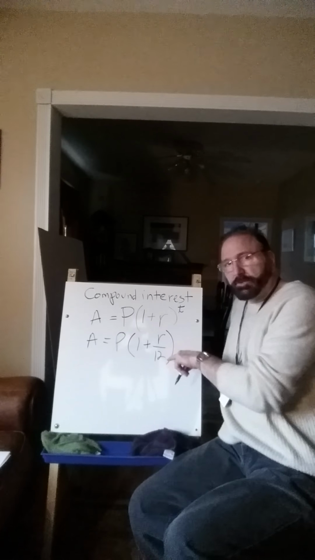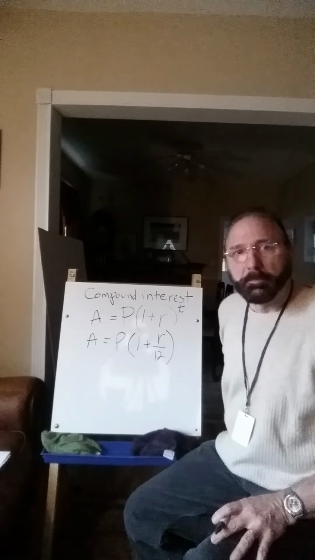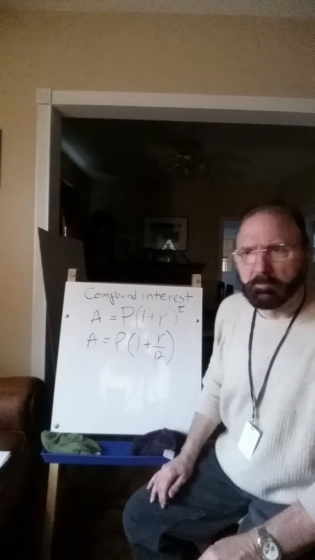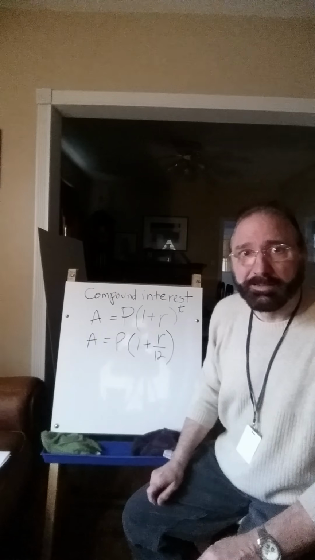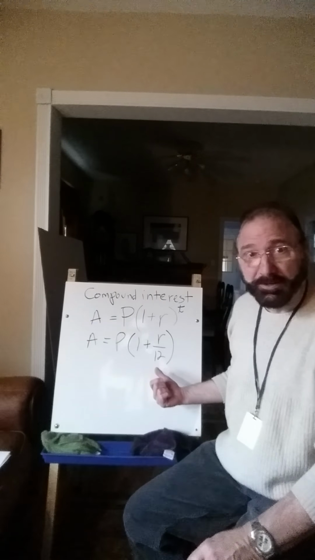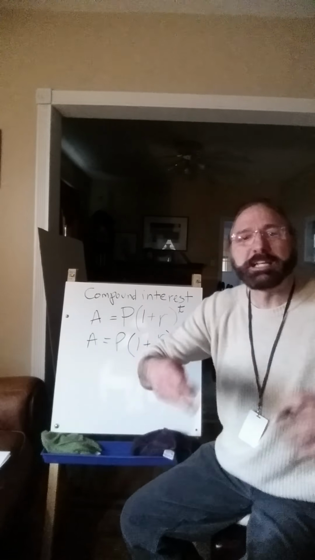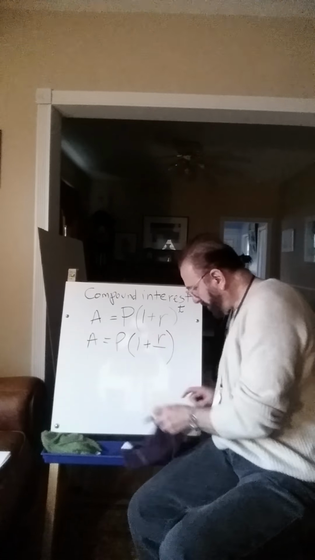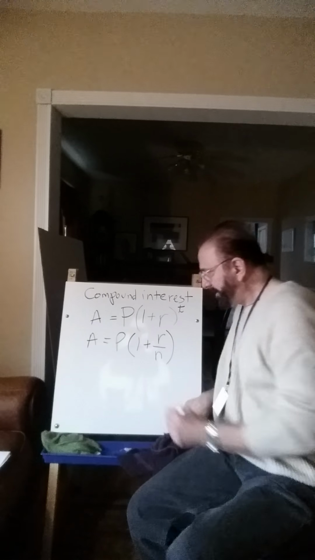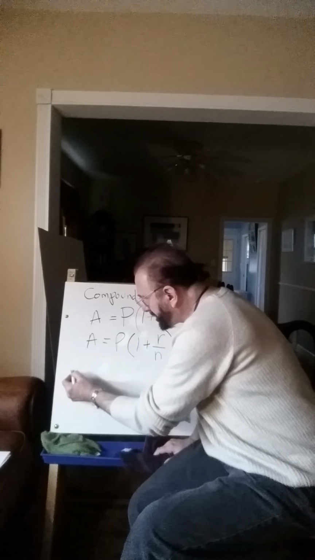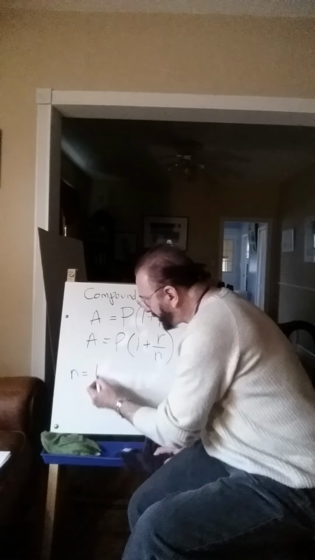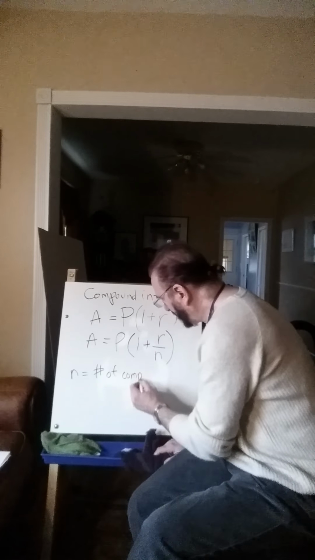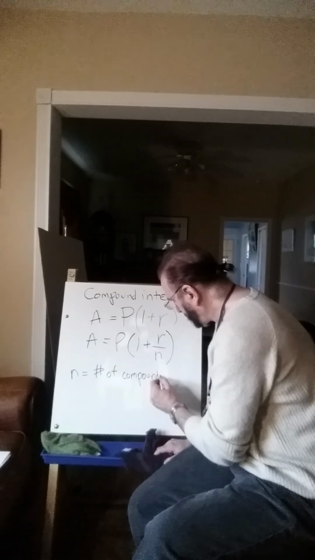I'm going to change that to an N because maybe it's more often than 12 months. Maybe it's every week. Then I'd have to put 52 here because there's 52 weeks in a year. It's always based on a year, by the way. So I'm going to put N. N is the number of, this is going to sound weird, compoundings.